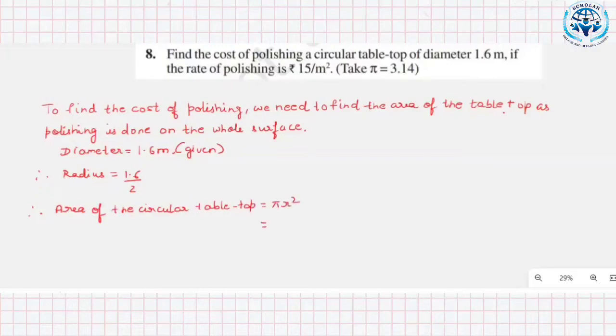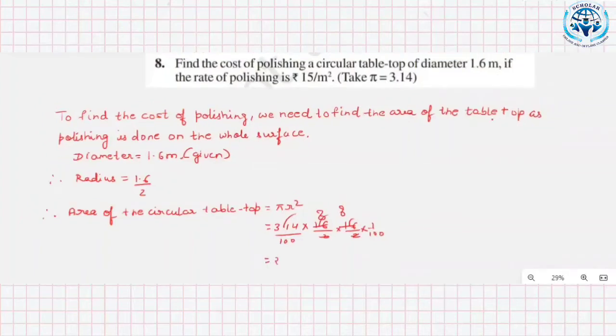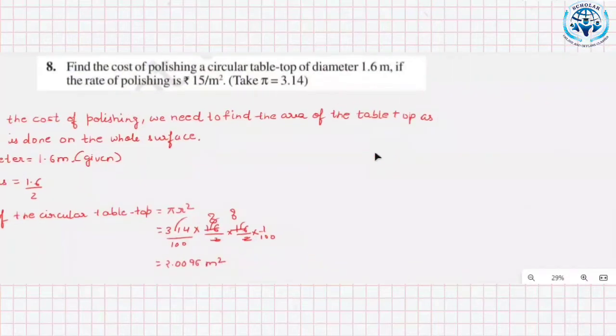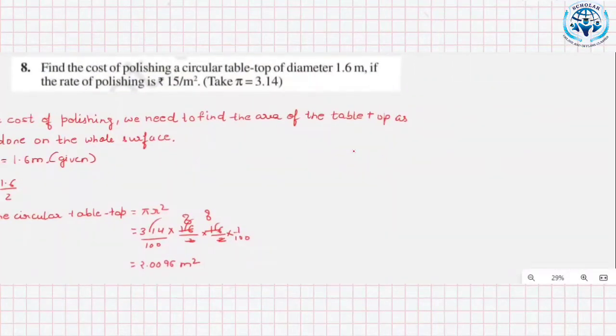Area of the circular tabletop is pi r square. 3.14 into 1.6 upon 2 into 1.6 upon 2 is equal to 2.0096 meter square.